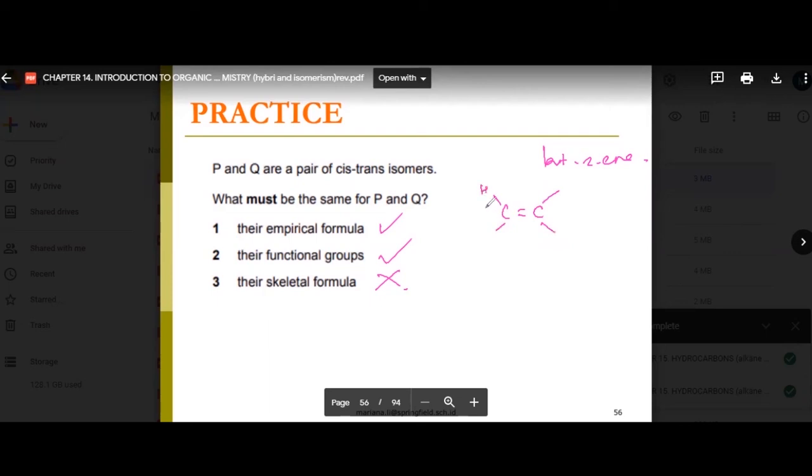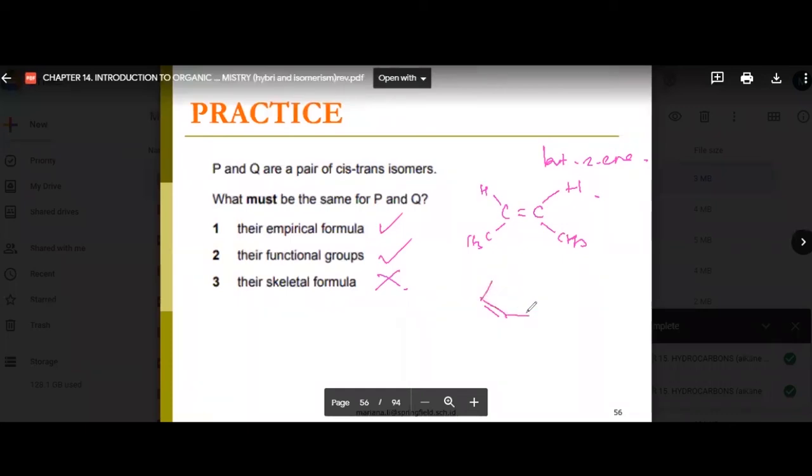Okay, for example, this is the cis isomer. You can see that this will be the first C, the second C, this is the third C, and then for the... okay, sorry, I moved this to this.